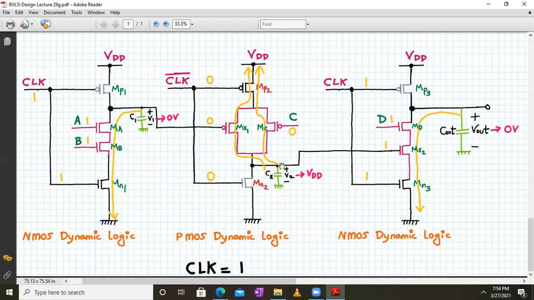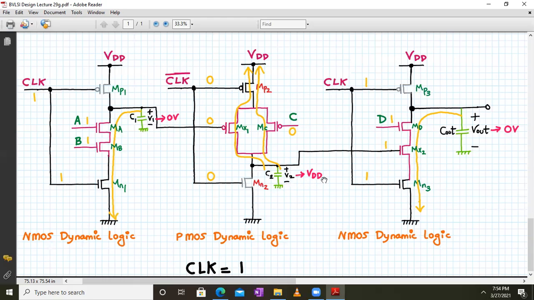Now the C2 capacitor can charge towards VDD via MX1 and MP2, or it can charge towards VDD via MC and MP2 transistor. So we have two paths wherein the output of the second stage can charge towards VDD. Hence V2 will be VDD.